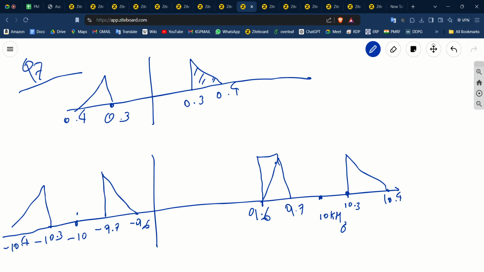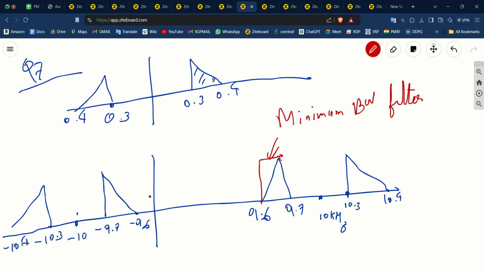Let's draw the filter with red. This is the minimum cutoff. This is the minimum bandwidth filter.